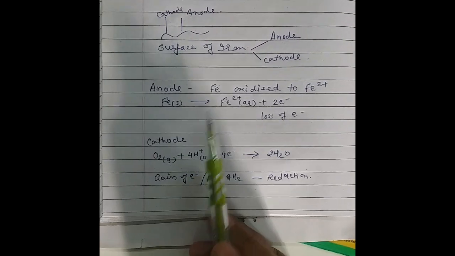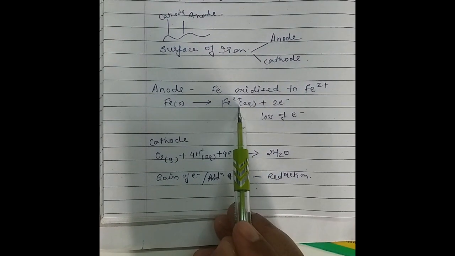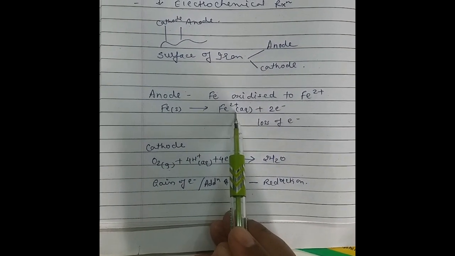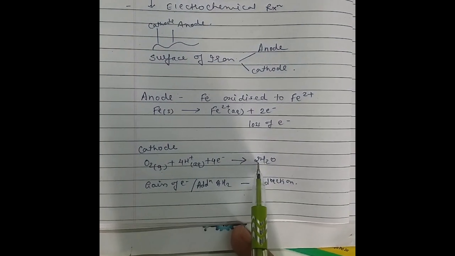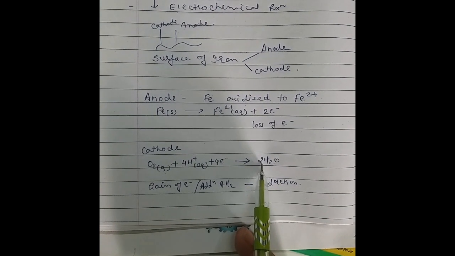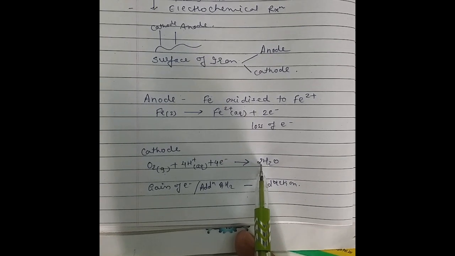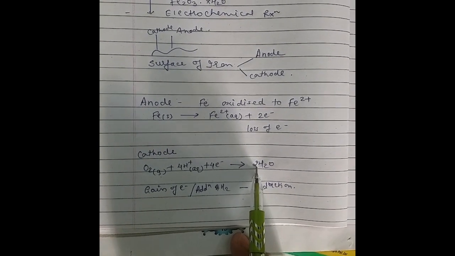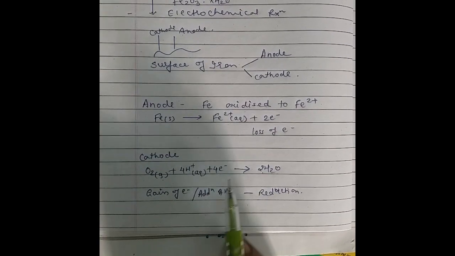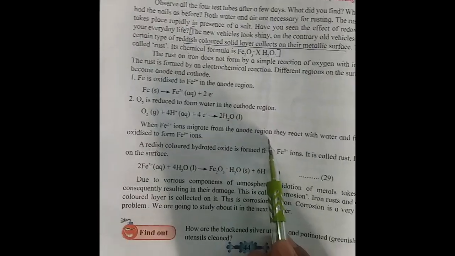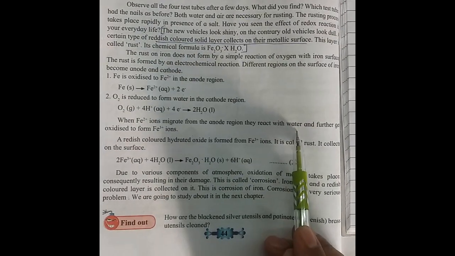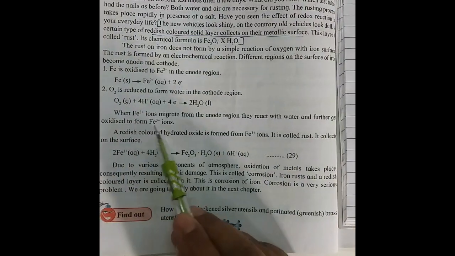So the Fe2+ ions which are present on the anode region will react with the water molecules which are formed on the cathode region, and they will get oxidized to form Fe3+ ions. So Fe2+ ions migrate from the anode region, react with water on the cathode, and get further oxidized to form Fe3+.